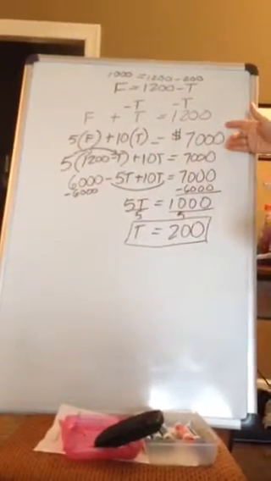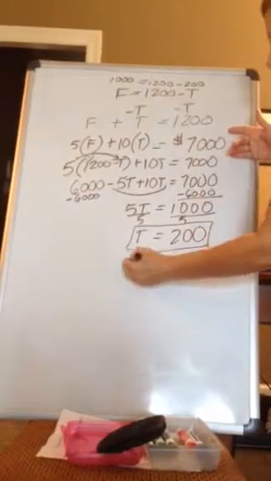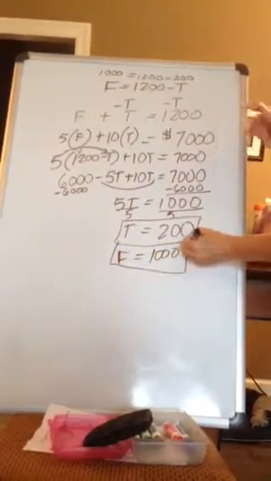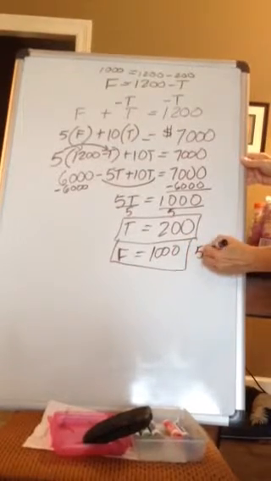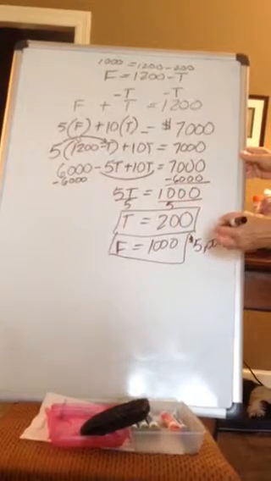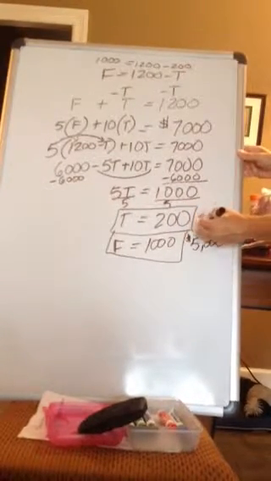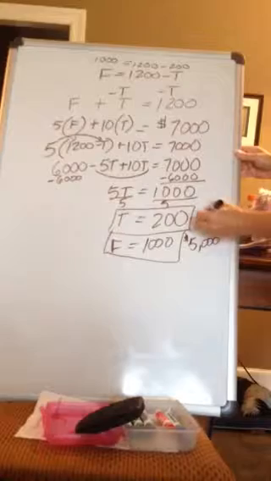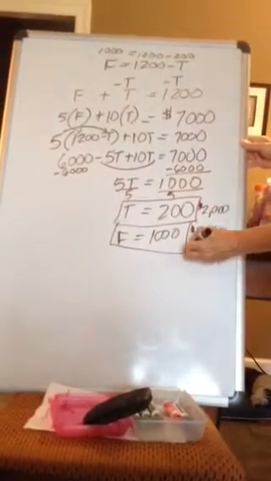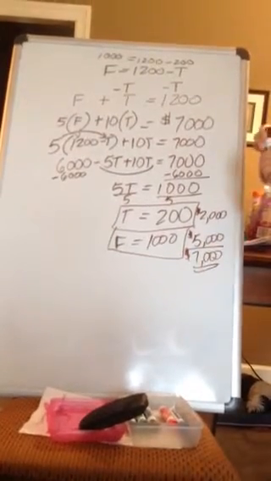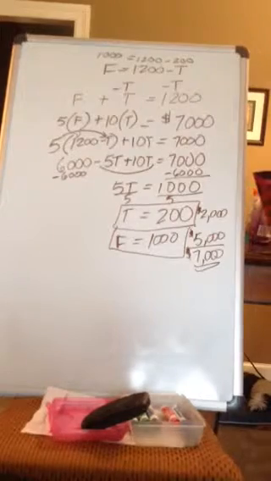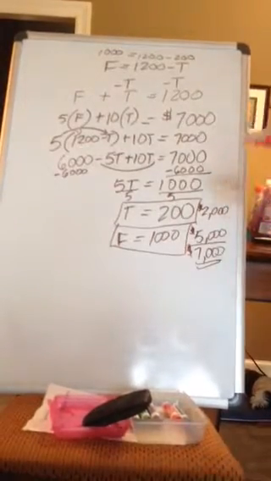Well, let's verify we have the right number. 1,000 5s are worth $5,000. 200 10s is worth $2,000 for a total of $7,000. So my numbers are correct. A quick check can make sure you have the correct numbers for each unknown.